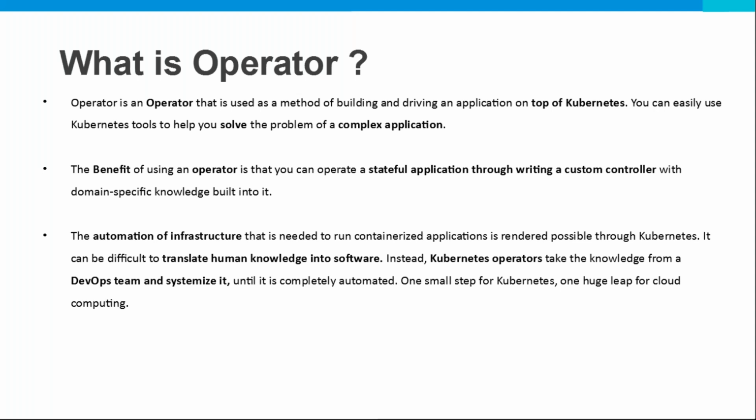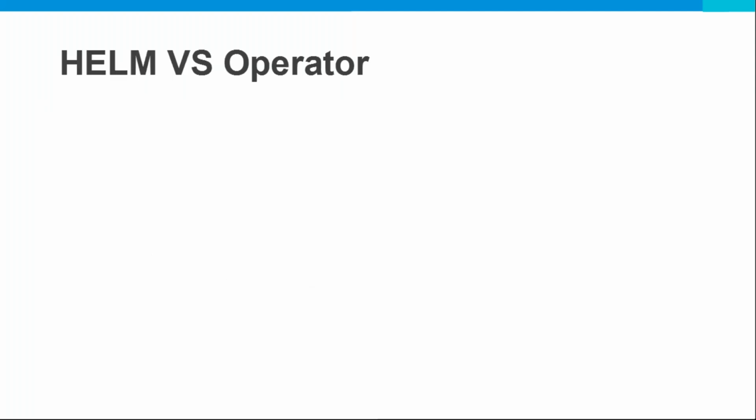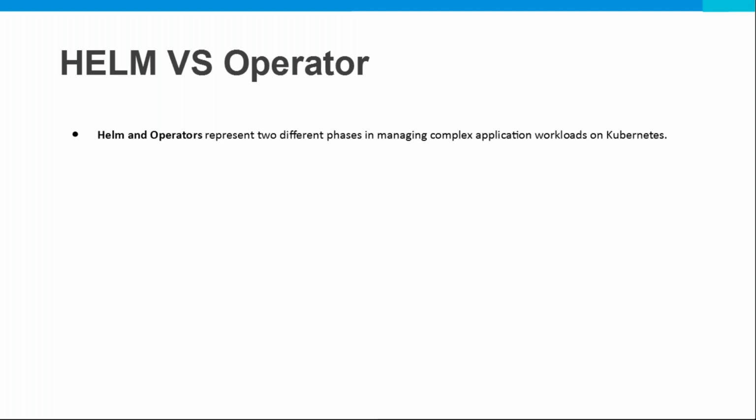With operators, there is actually a huge leap for cloud computing, because right now there is a large variety of operators available, wherein you can just run it in a single shot, test it, and make use of the services that are available right now.